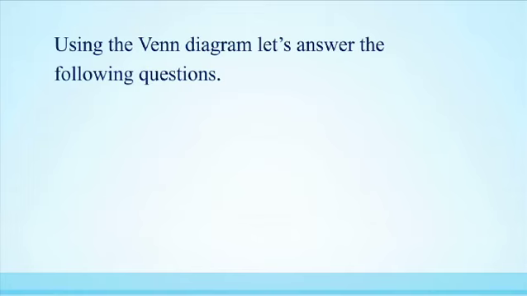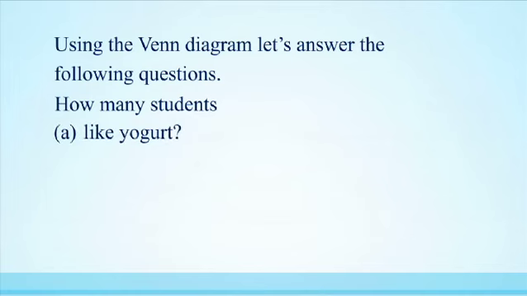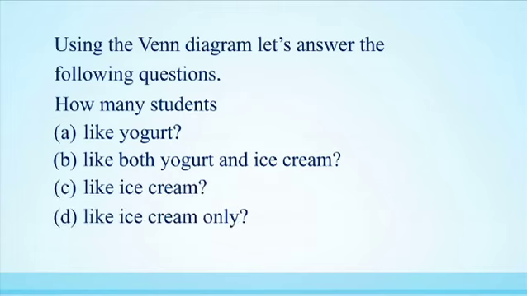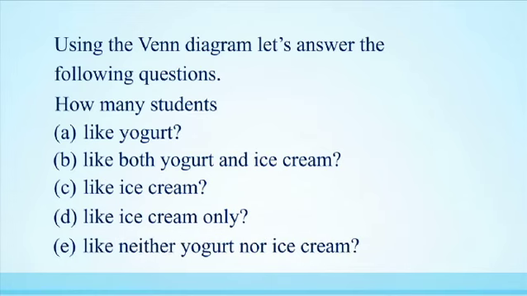Using the Venn diagram, let's answer the following questions. How many students like yogurt, like both yogurt and ice cream, like ice cream only, like neither yogurt nor ice cream?